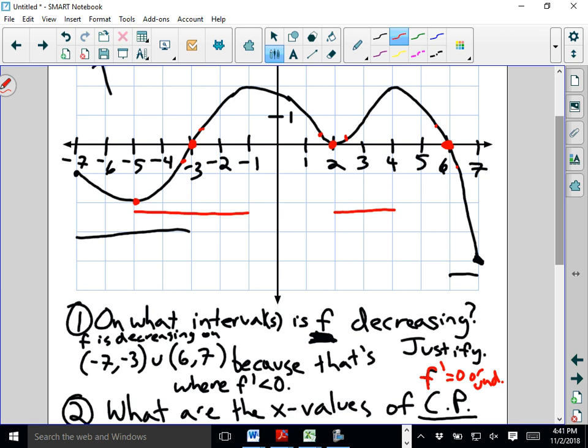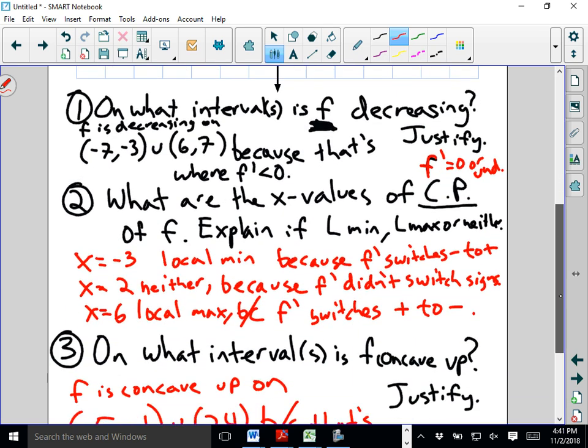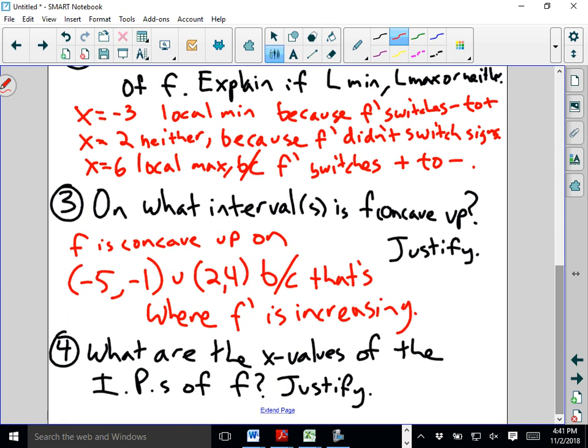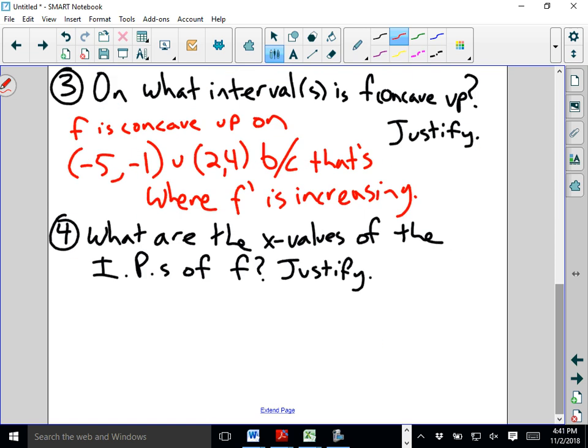The last one says, what are the x values of the inflection points of f? Justify. So looking back in our notes, inflection points are when we switch concavity. It's when f double prime switches signs, but we don't have f double prime or f. We have f prime. It's when f prime switches from increasing to decreasing, or vice versa, decreasing to increasing. So I'm going to use a different color here.